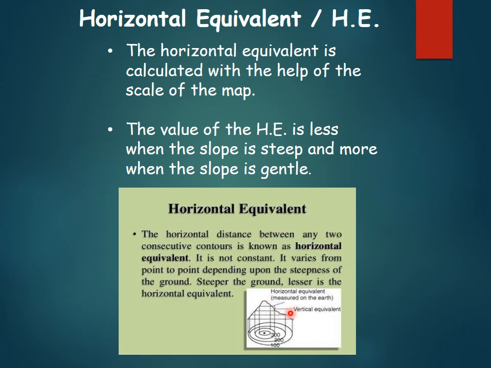Again, I am repeating that the horizontal distance between any two consecutive contours is known as horizontal equivalent, and it is not constant. It varies from point to point depending upon the steepness of the ground. The steeper the ground, the lesser the horizontal equivalent.